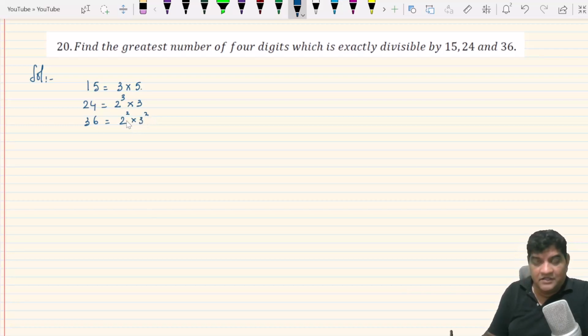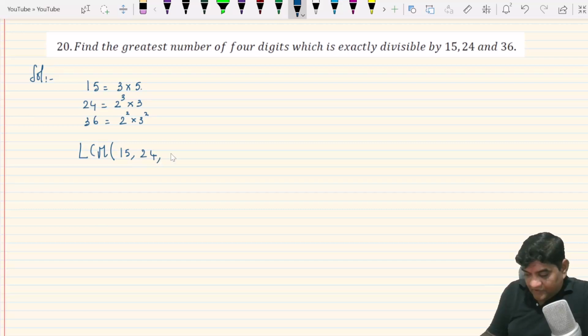That's also fine. So what's going to be the LCM of 15, 24 and 36? The LCM is 2 cube into 3 square into 5. The highest power of 2 is 3. The highest power of 3 is 2. So how much is this now? 8 5s are 40, 40, 360.